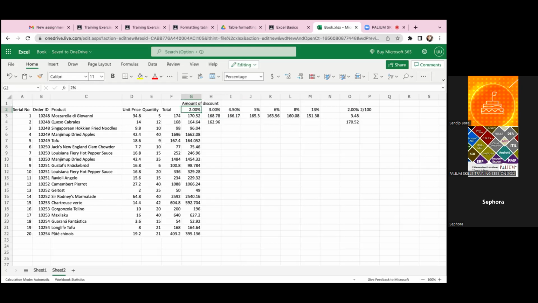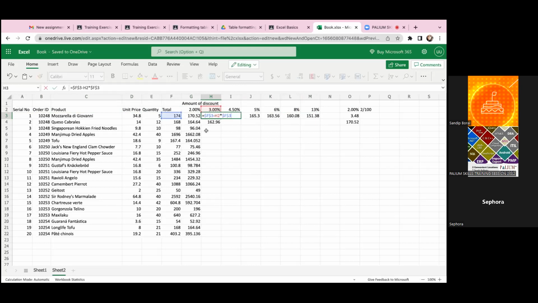My column will change from G to H, H to I to J. Okay. But sir, the percentage is already mentioned here, 3%, 4%. That's why 2% should become 3% when I move to the right. Isn't it?